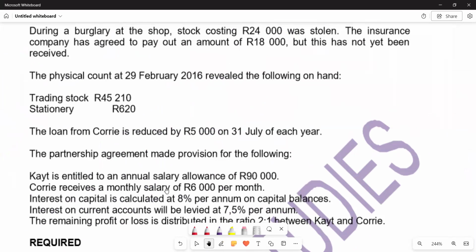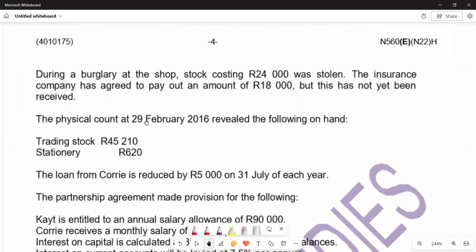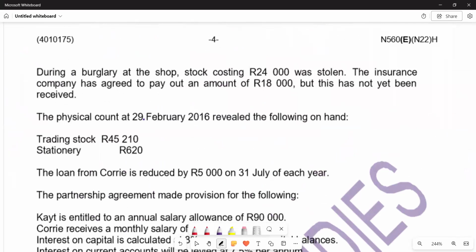If you go to this point, you see that we've got something that is changing the book value figure. Here we say, including a burglary in the shop, stock costing 24,000 was stolen. The insurance company agreed to pay out an amount of 80,000. But what is important is that the stock of 24,000 is missing.